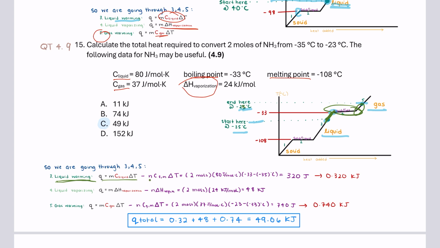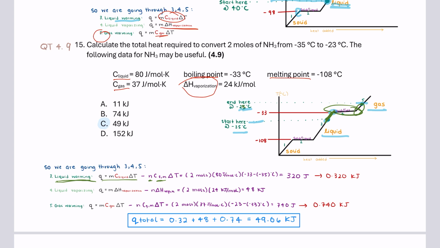So Q equals the number of moles, n, multiplied by the molar specific heat capacity, multiplied by delta T. We're using the molar form of the equation because the data is already given in moles and molar heat capacity, and that saves us from converting to grams and using the molar mass. So this is the form of the equation.